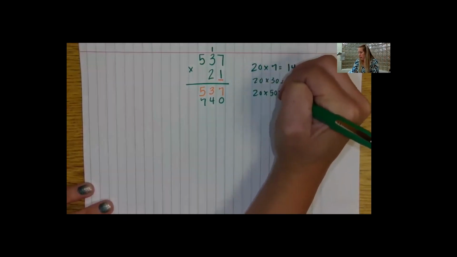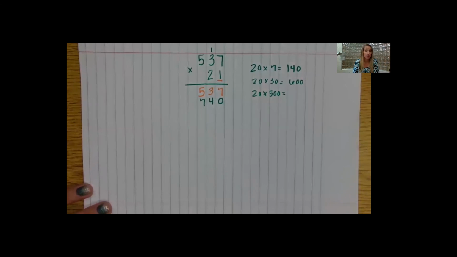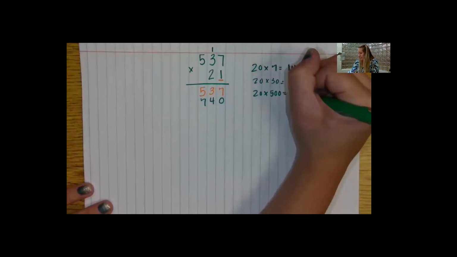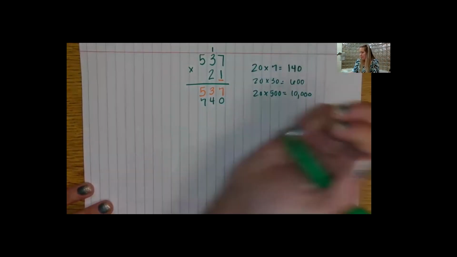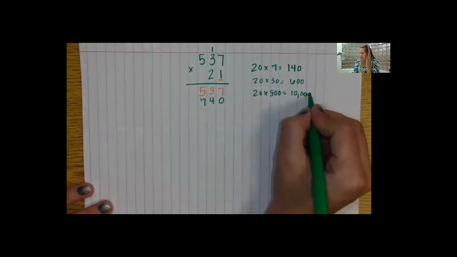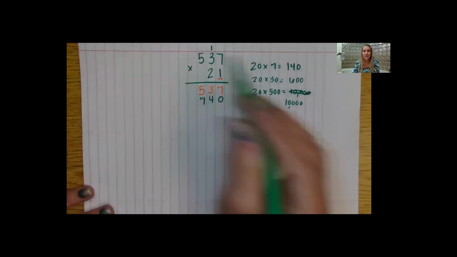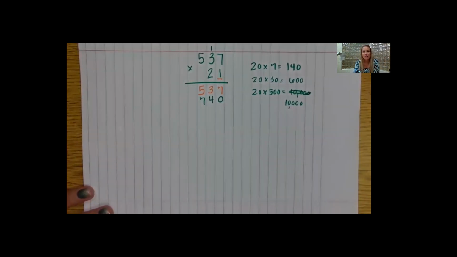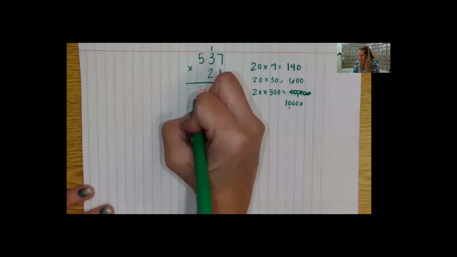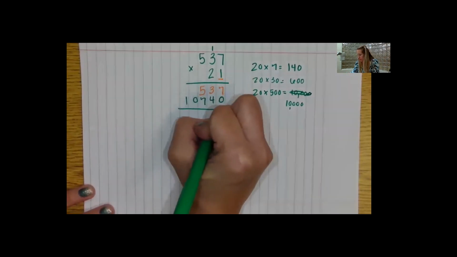Now I'm moving on. 20 times 500 is, excellent, 10,000. I did that wrong. It's 1,000. No, I was right the first time. 10,000. And so I need a 0 and a 1.